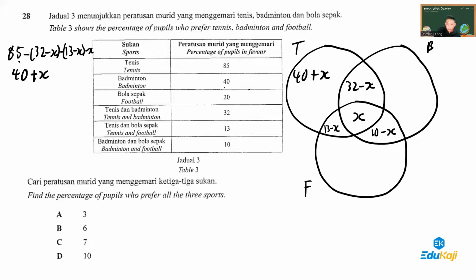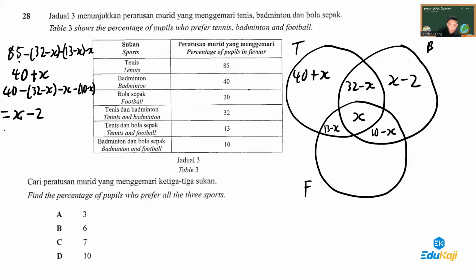For badminton, whole set B is 40. So 40 minus the 32 minus x, then minus the 10 minus x. Again, plus x minus x is plus x. 40 minus 32 minus 10, negative 2. So x minus 2 here.